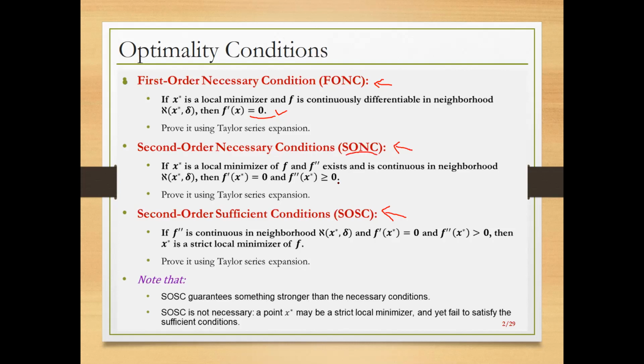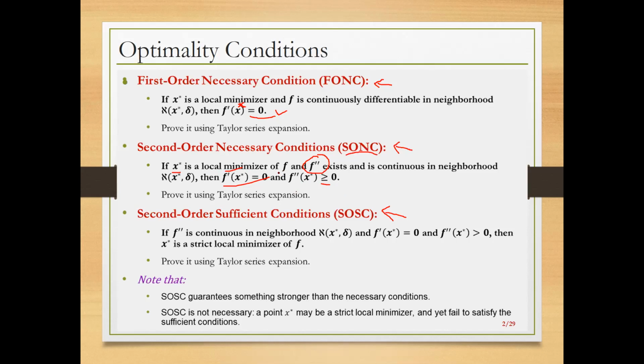SONC says that if I tell you that x star is a local minimum, that means this information is given to you, and the function f is twice differentiable, then what I can say is, and this is a necessary condition, keep in mind, that the first derivative at that point, x star, guys, this is not x, this is x star, would be equal to 0, and the second derivative would be greater than or equal to 0. Greater than or equal because it's a local minimum. If it was a maximum, it would be less than or equal to.